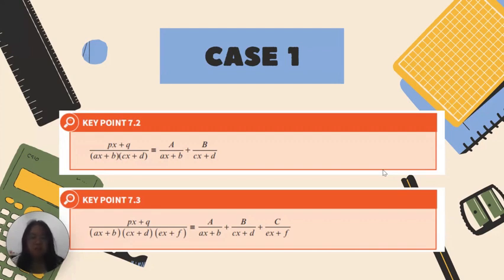If there are three denominators, we can just split into three. Then for the numerators, you can put A, B, C, D, E, F, G, X, Y, Z, anything you like. How to solve it after we split it into partial fractions, we will see in the next slide along with the example.